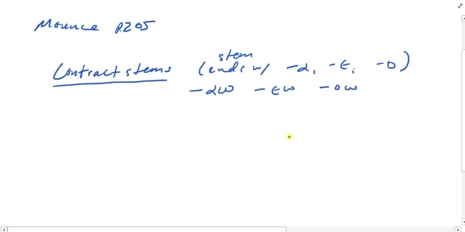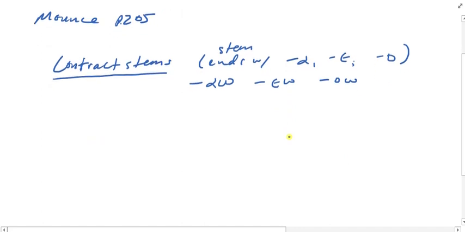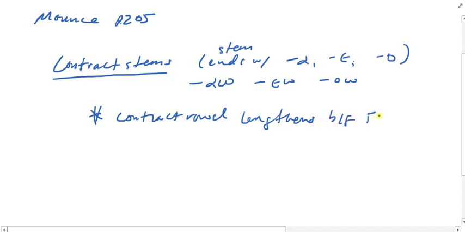Now, in the future tense, you learned something about these contract stems before you add the tense formative. What's that? The contract vowel lengthens. Yes. The contract vowel lengthens before tense formatives. Guess what? That's true with the aorist. So take a verb like agapao.